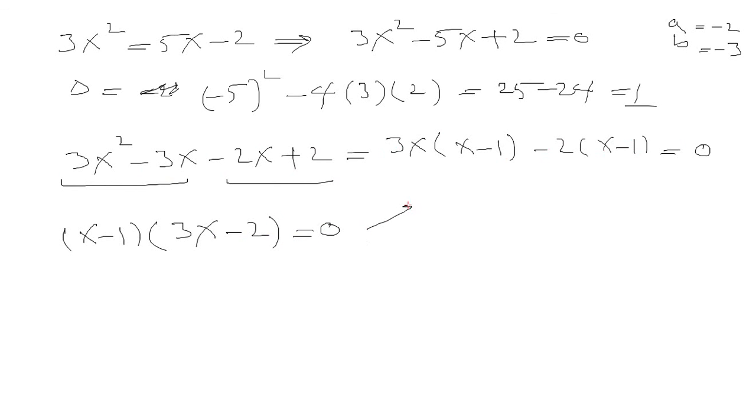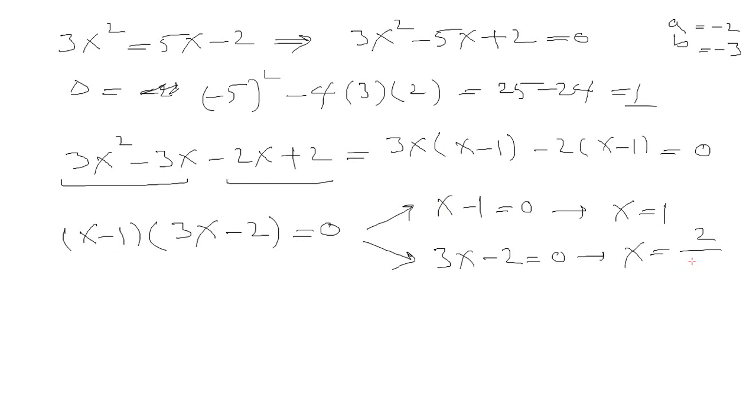At this point, I use the zero factor property. Either this factor is 0, which implies that x is 1, or this other factor is 0, which implies that x is 2 over 3. Could I use the quadratic formula, negative b plus minus the square root of delta over 2a?